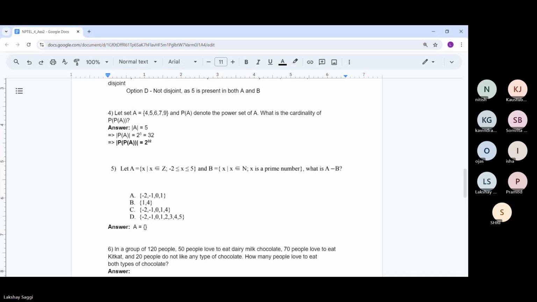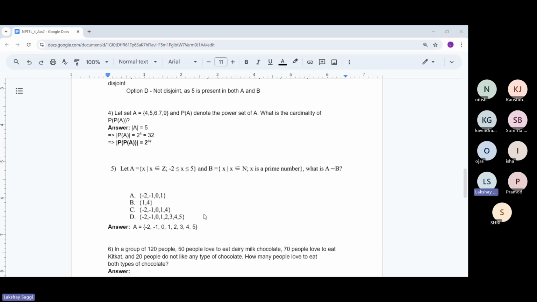So thanks, you have written the correct thing. I'll just copy and paste what Ojas has written. Thanks for making my work easier, Ojas. So maybe we should have this sorted. A is just the set of integers lying between -2 and 5. So these will be -2, -1, 0, 1, 2, 3, 4, 5.